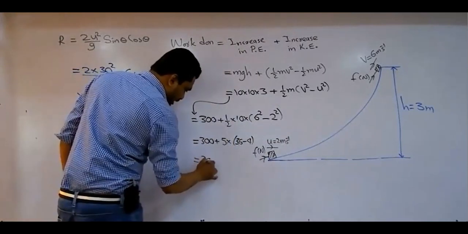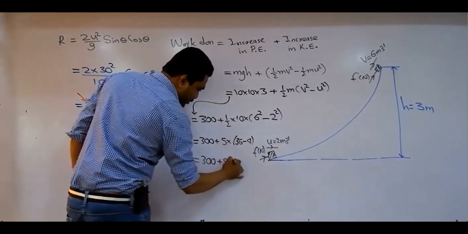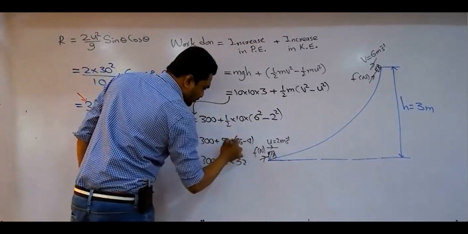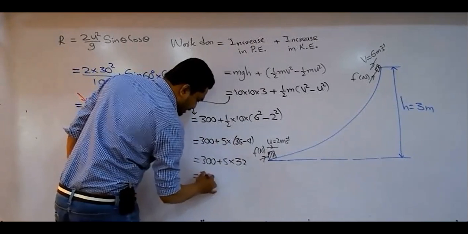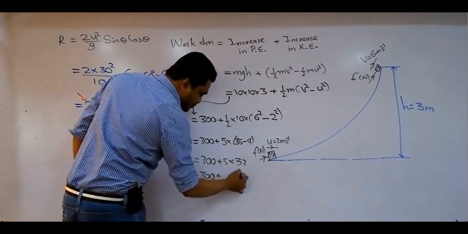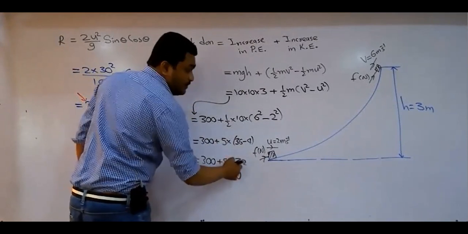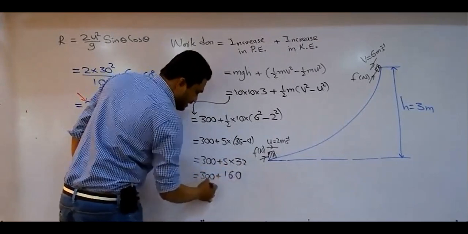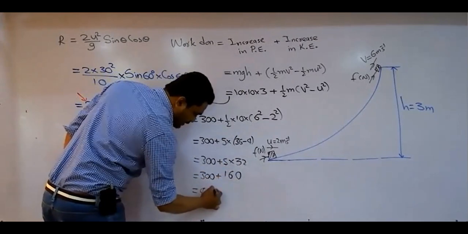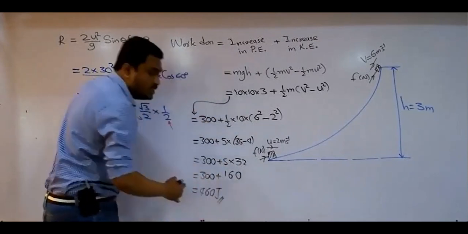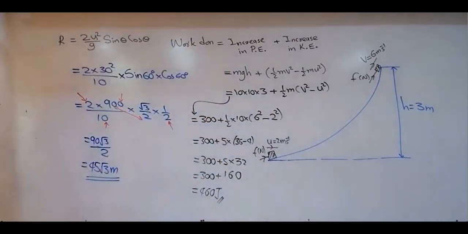So this is 300 plus 5 into 32. So 300 plus 5 times 2, 10. 5 times 3, 15, with the remaining one, 16. So this is 460 joules. Who got this answer? That's good. 460 joules.